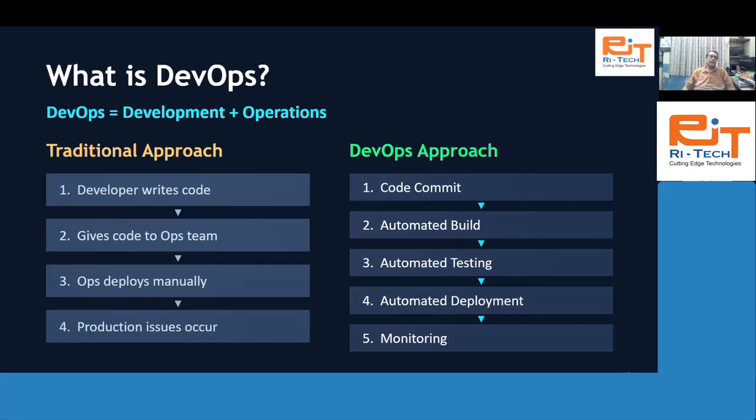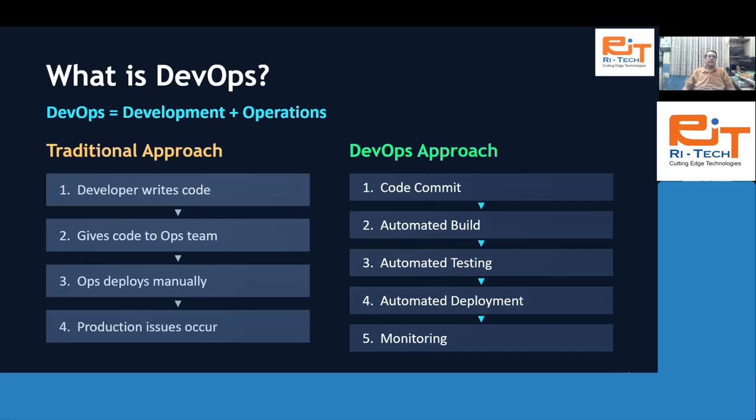The operation team deploys it manually. If a production issue occurs, again that issue will be given to the developer, the developer will correct it, the tester will test it, then the operation team will manually deploy another implementation.